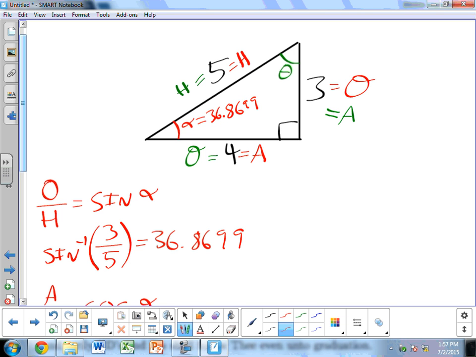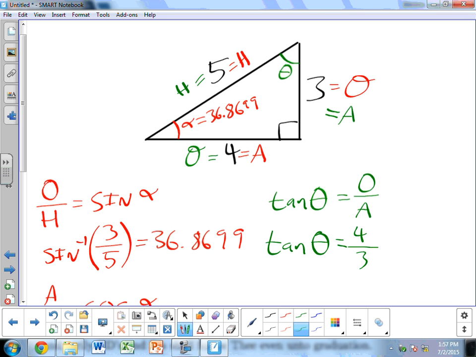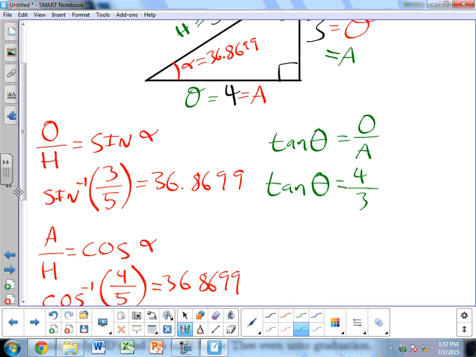Now we want to find theta. I'm only going to do one, and for some reason tangent's my favorite, so we're going to use tangent. So the tangent of theta is going to equal the opposite side over the adjacent side. Now, for tangent theta, the opposite side is 4, and the adjacent side is 3, for the green labels that we have. Now that we have tangent, we can find the tangent inverse.